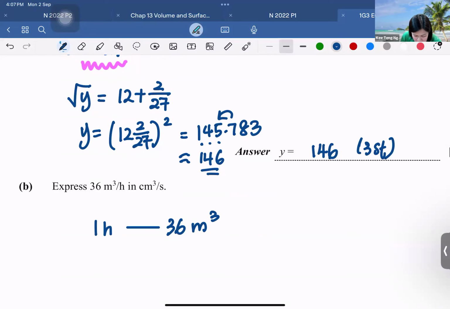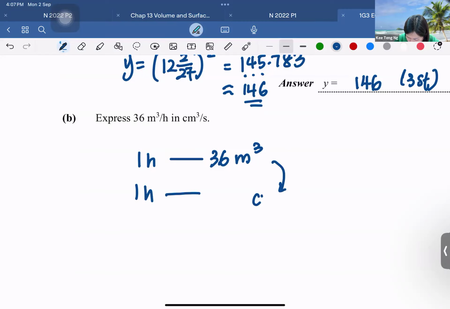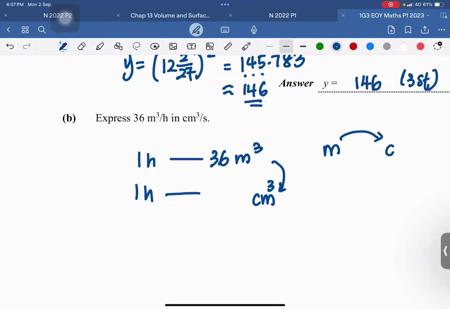Okay. Last but not least, the last question. Express 36 meters cubed per hour in cm cubed per second. So let's begin with the first part of the question. Per hour means 1 hour is 36 meter cube. How do I change from meter cube to cm cube? Times 100.